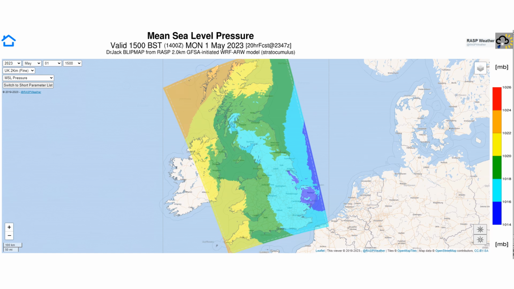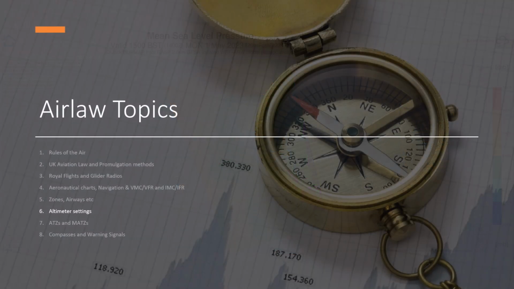The difference of 10 millibars or more can change the height of the airspace corridors by 300 or 400 feet, and that can be quite relevant if you're trying to sneak along underneath them. So that concludes this brief section on altimeter settings.